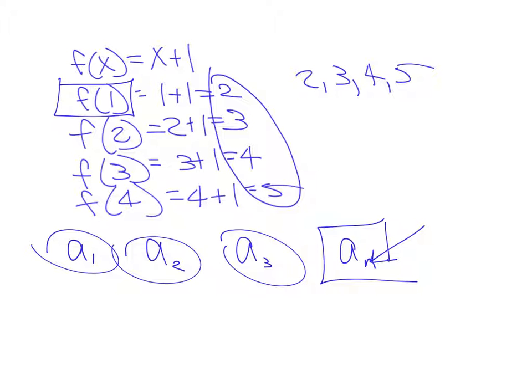Alright, so let's go ahead and get rid of all this and look at a couple, and maybe it'll start clicking a little bit. Example 1. Find the first 4 terms of the sequence whose general term is given by a of n equals 2n minus 1. Alright, this can be written like this.